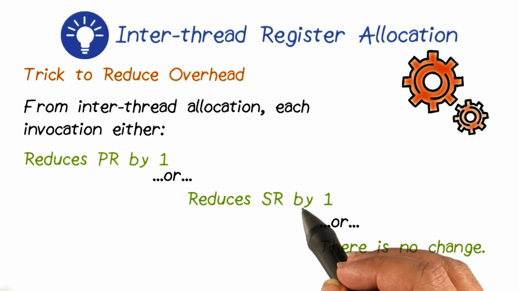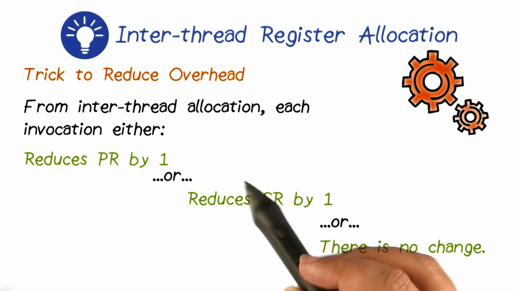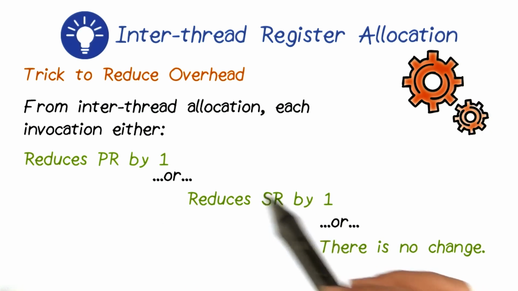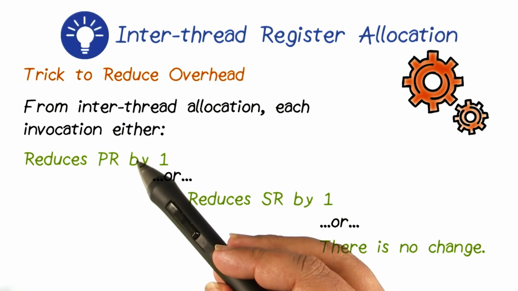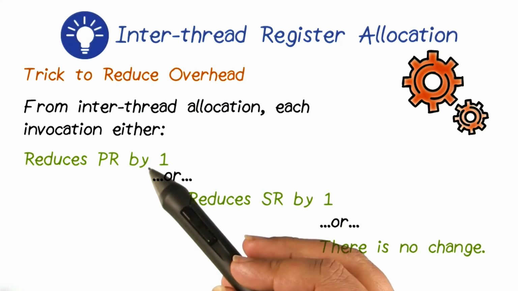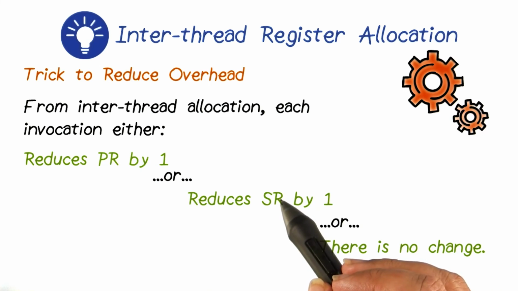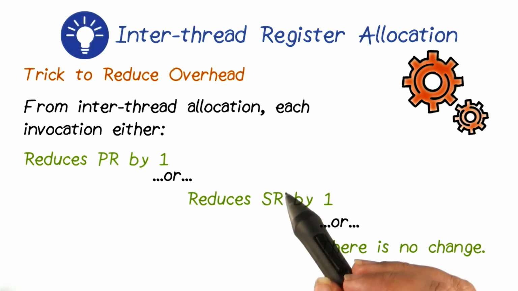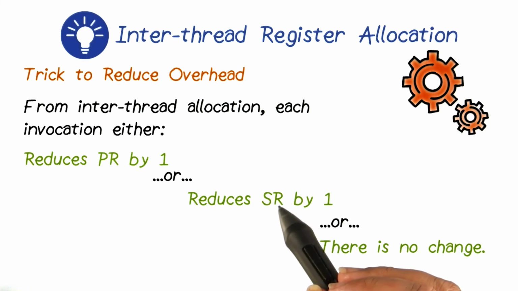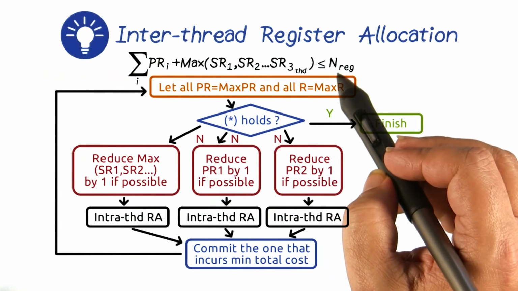And that is why this particular order is followed: to first reduce the PR so that the summation is reduced. If we cannot really do it, then we try to reduce SR with the hope that the max will somehow get reduced if we are trying to reduce the maximum number of shared registers across threads. So how do we do this?